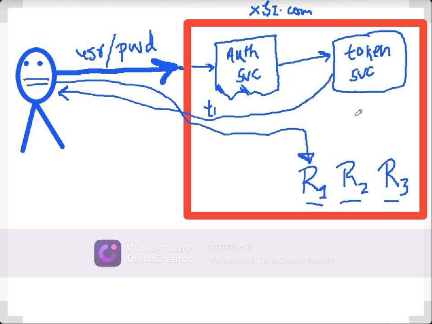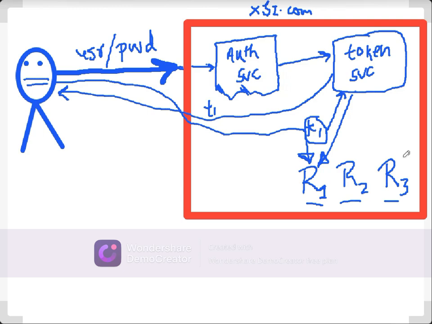So this user provides T1, the token he or she got at the time of authentication. This token is checked again to see whether it is a legit token to access this resource. If yes, then this person can access it. If not, then the person would not be able to access it.